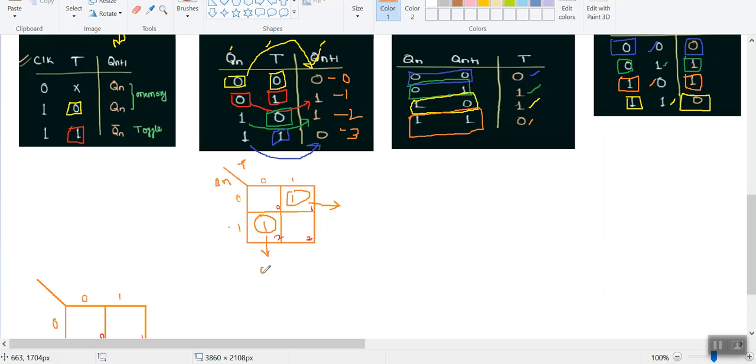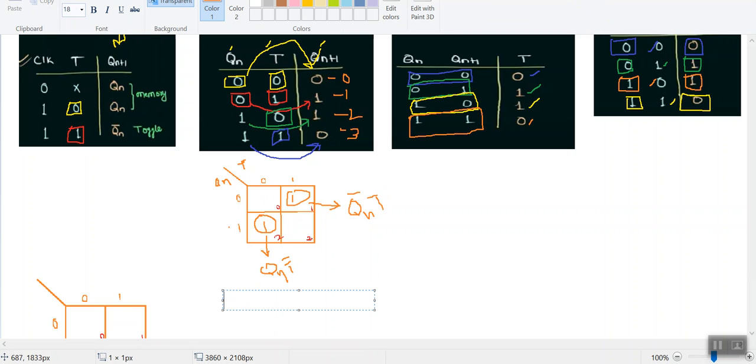Now you will have an expression for this: Qn into T bar, and for this Qn bar into T. Therefore my expression for Qn plus 1 is equal to Qn complement into T plus Qn into T complement.